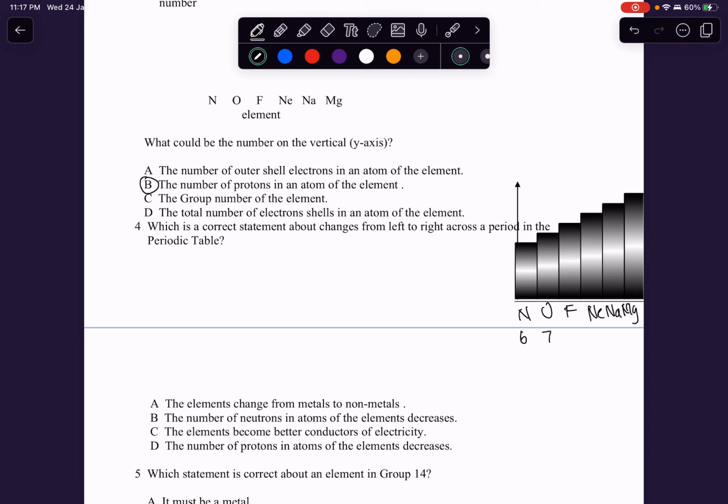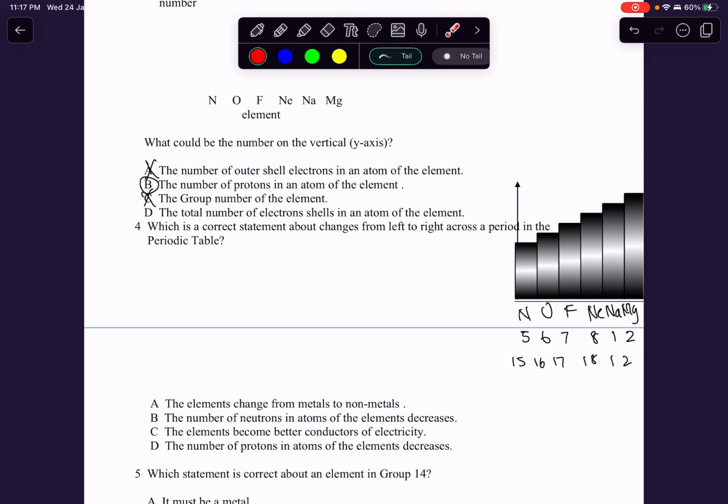Nitrogen has 5 valence electrons, oxygen has 6, fluorine has 7, neon has 8, then back to 1 and 2 for sodium and magnesium, so A is wrong. C, group number, is actually 15, 16, 17, 18, 1, 2. It is definitely not increasing, so C is wrong.